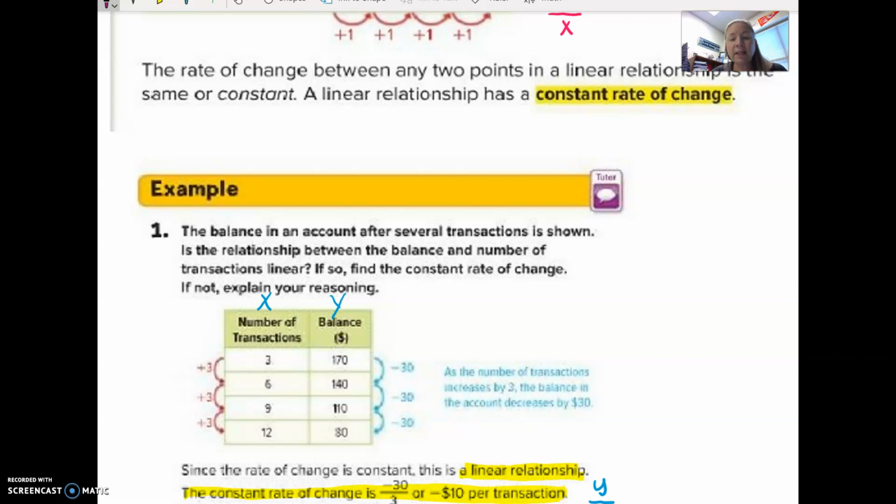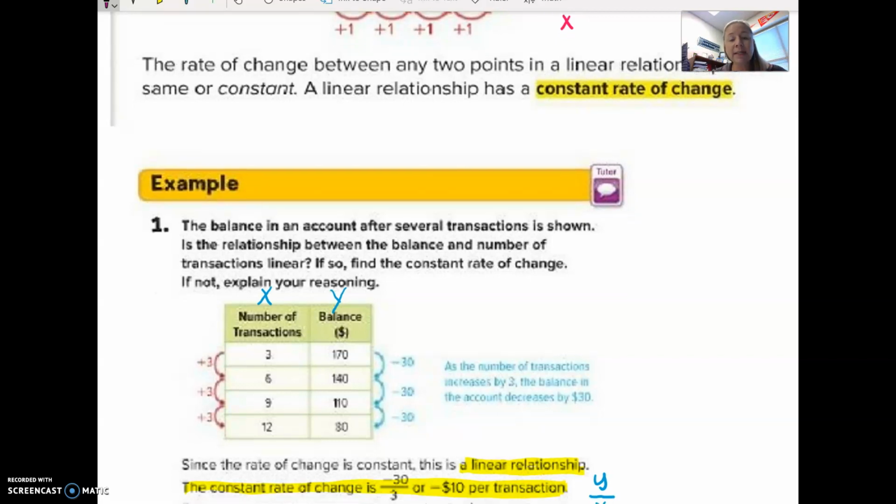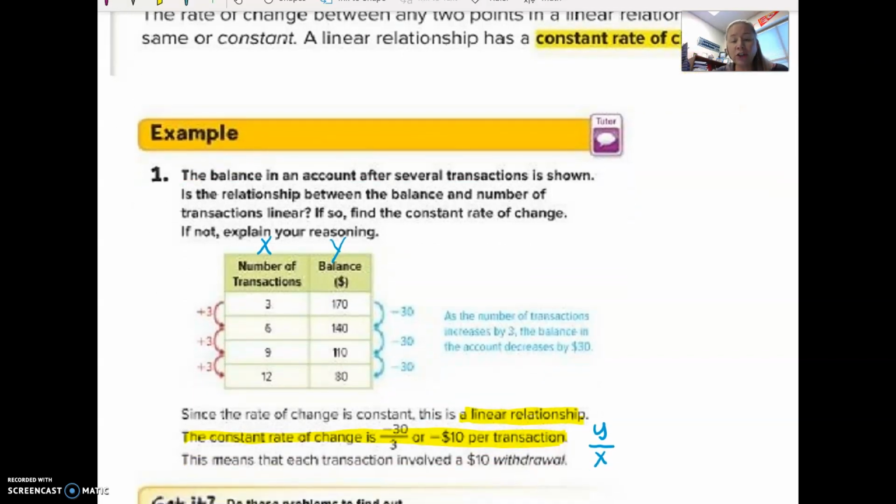So this is a constant rate of change. As the y is going down by 30, the x is going up by 3 every time. So because it has a constant rate of change, we say this is a linear relationship.